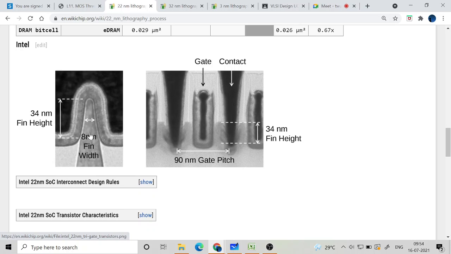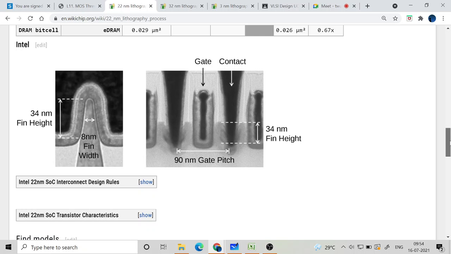The channel is actually in between, so it is like holding the channel by wrapping the gate on 3 sides. That way you can achieve more control over the channel. The gate voltage will restrict the conductivity of the channel by changing the voltage. So that's basically the idea.